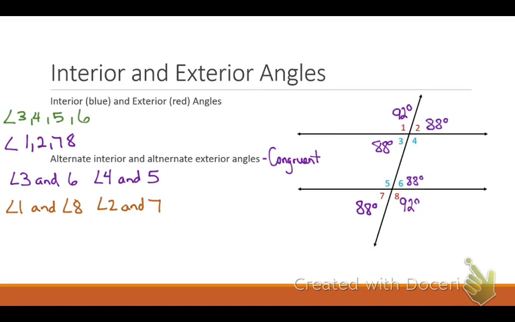And then we just fill the rest in. 8 and 5 are vertical, so that's 92 degrees. 5 and 4 are alternate interior, so that's 92 degrees. And are we done? That's all of them. So alternate interior are the same, verticals are the same, supplementary, we can look at it so many different ways. Corresponding, okay? And that's everything you need to know for section 3.1.